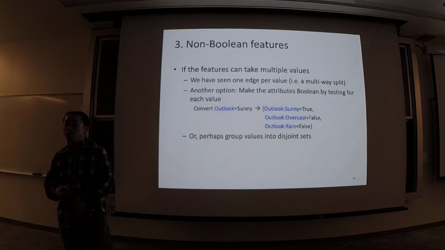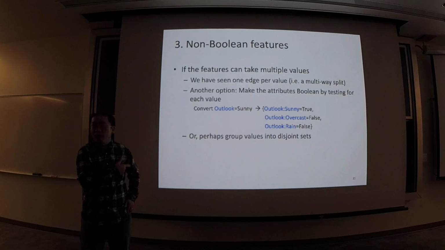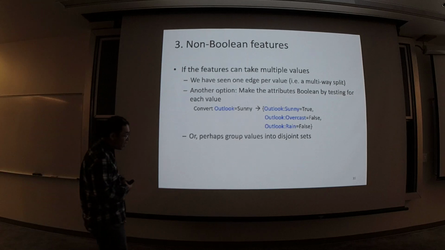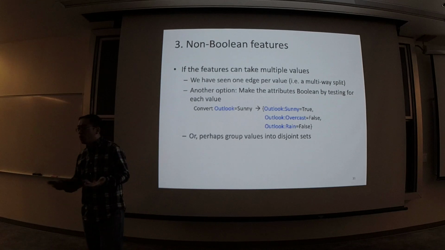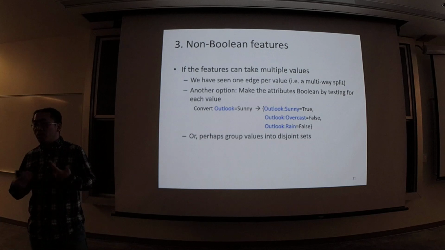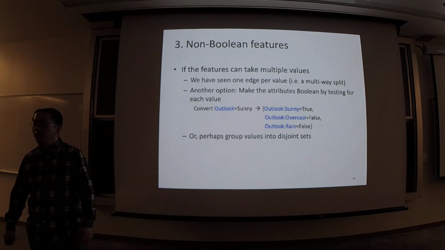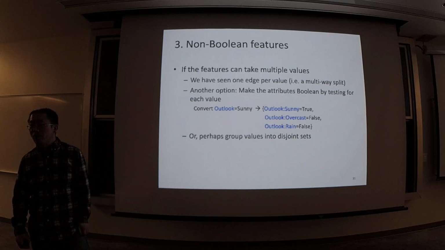And then I just remove the outlook feature and leave the three binary features. Now whichever feature you choose to split data, you only have two branches. You'll never have three branches. So this is the first strategy.